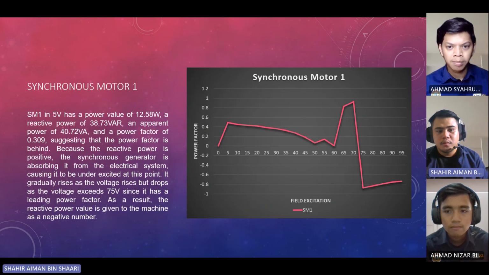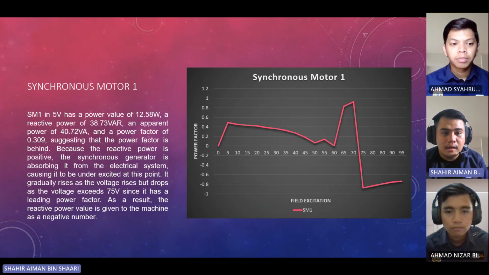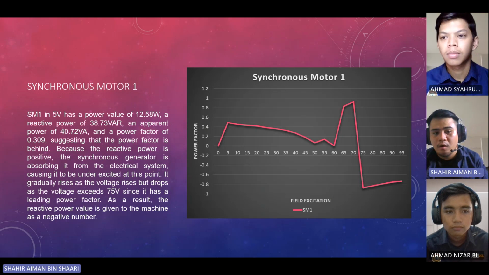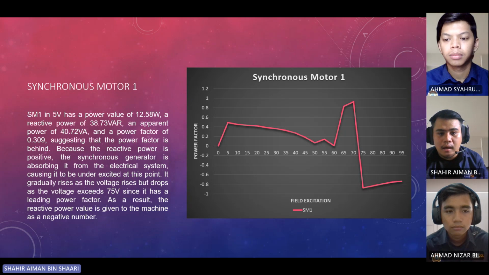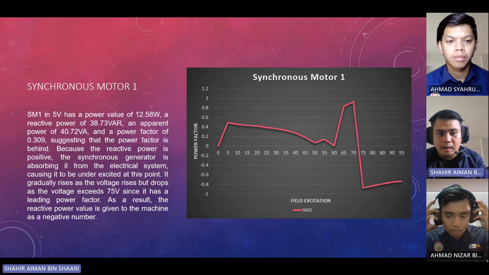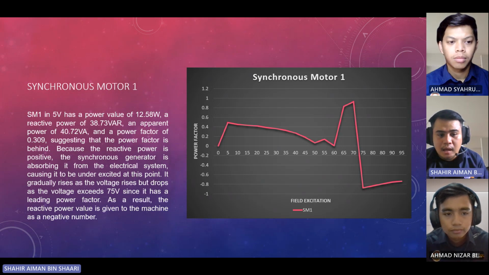Okay, for synchronous motor 1, SM1 at 5 volt has a power value of 12.58 watt, reactive power of 38.73 VAR, and apparent power of 40.72 VA, and the power factor of 0.309, suggesting that the power factor is lagging because the reactive power is positive.